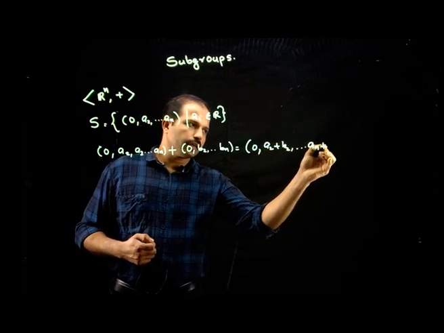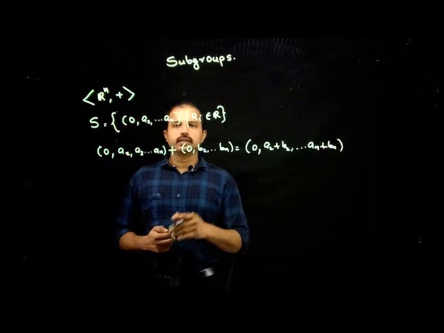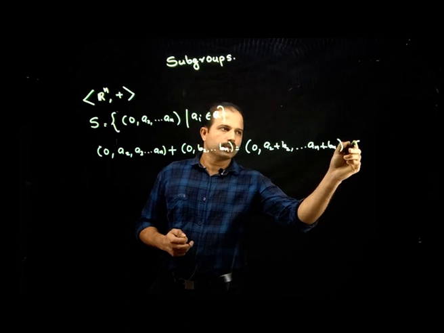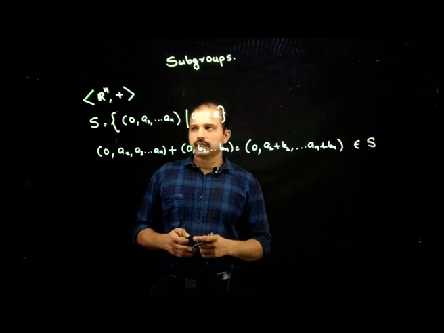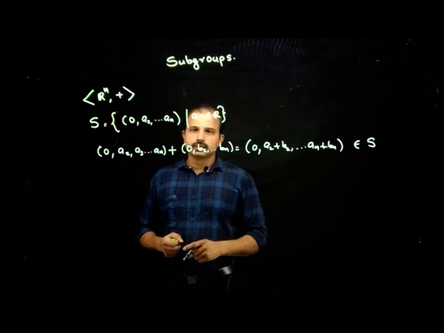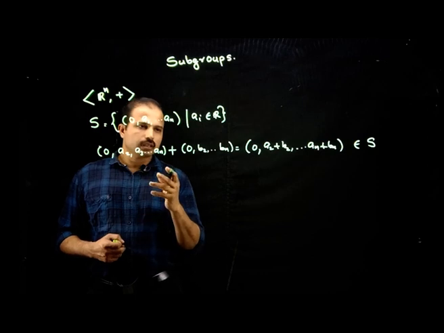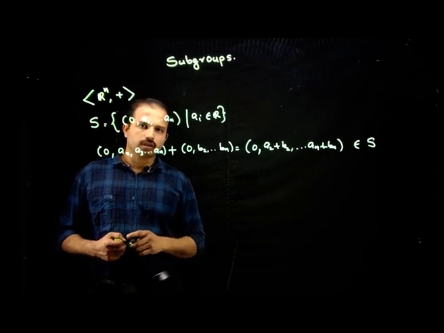You will get another n-tuple with the first entry as 0. So this one certainly belongs to S. That means S is closed under the operation addition. Associativity will certainly hold.